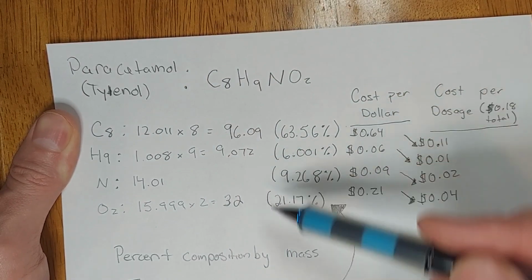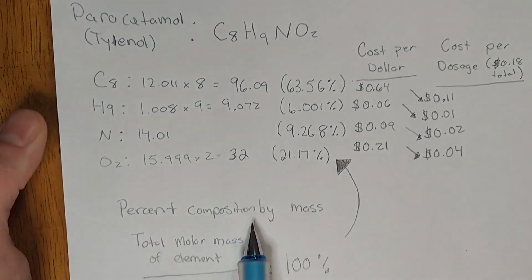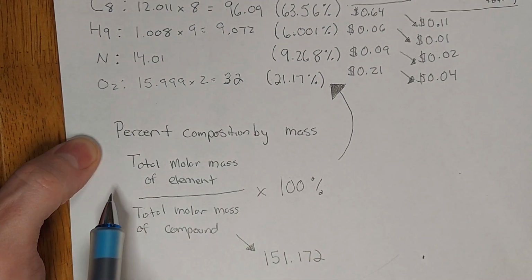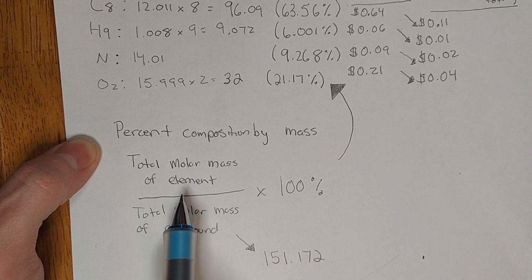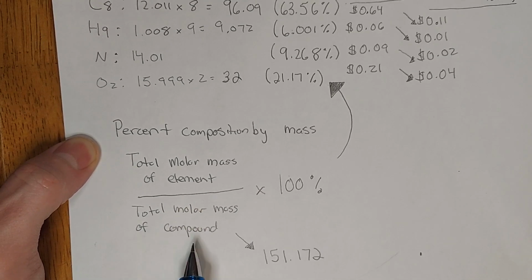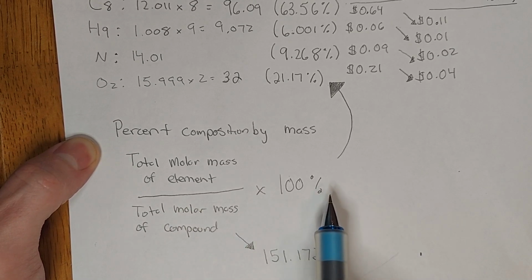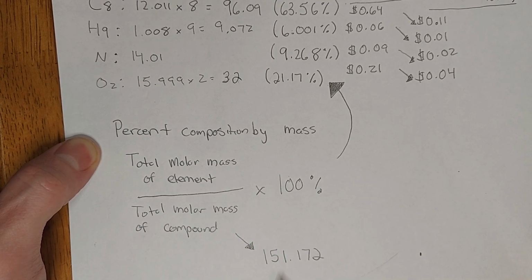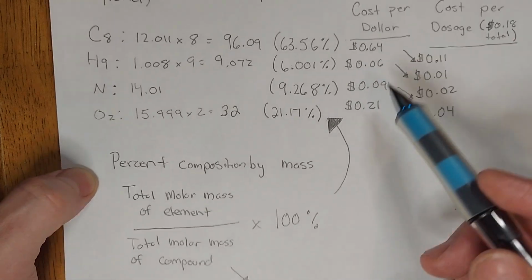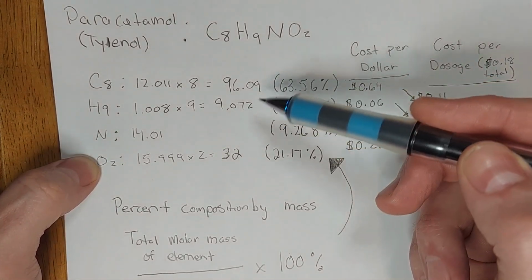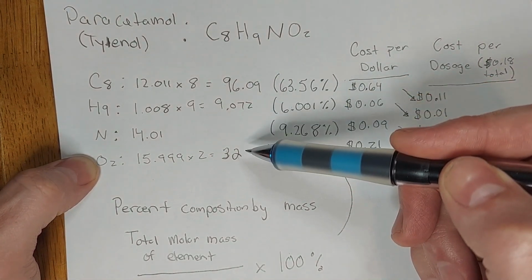From there, we used percent composition by mass, using the equation total molar mass of the element over total molar mass of the compound times 100%. The total molar mass of the compound we got was 151.172, and we got that by totaling the amounts for each molecule.